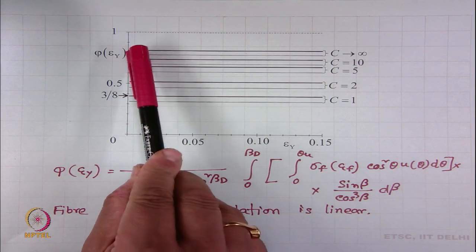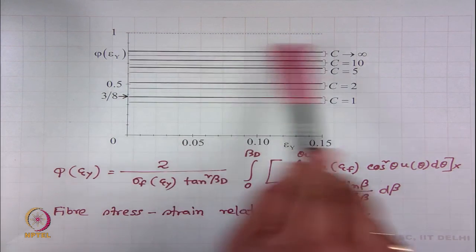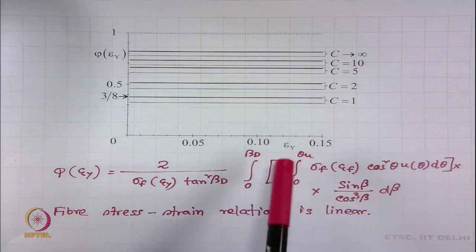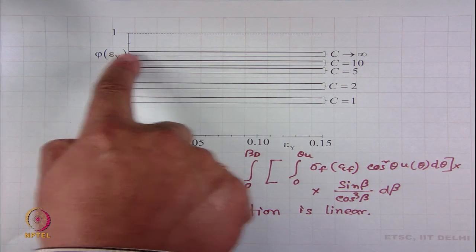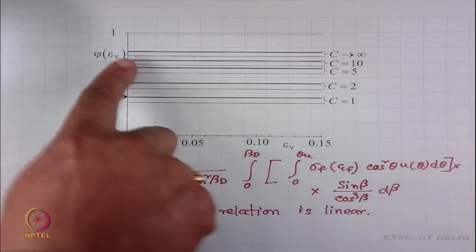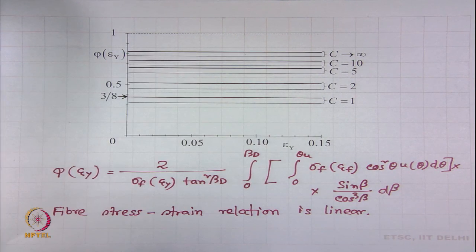So, this value gives a constant line, although it stays much higher than the other one. For different values of yarn strain, we obtain these values, they are constant, but the constant is at higher value. When the level of anisotropy changes, it reduces.